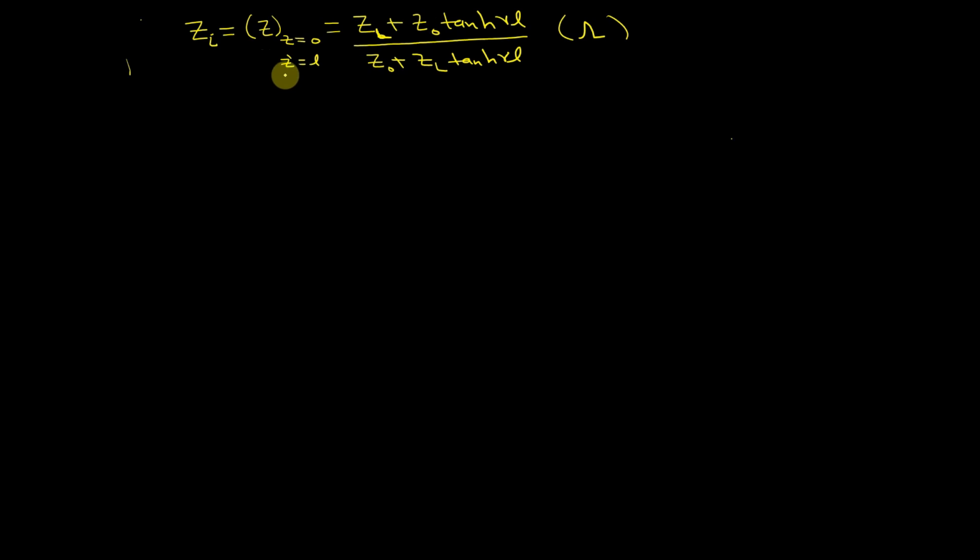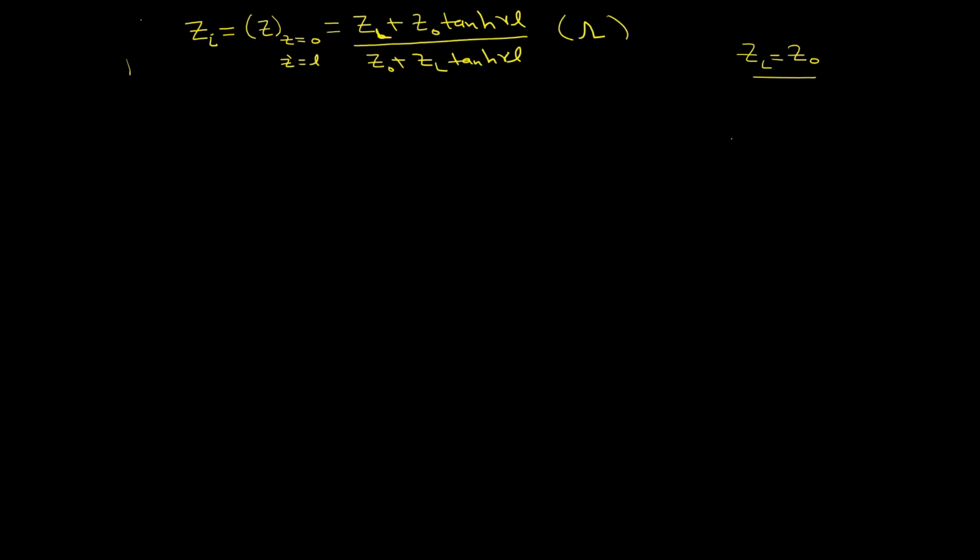Now let us discuss a very important special case for the finite transmission line. Let us assume that this load impedance is equal to the characteristic impedance Z naught. You can say that we have terminated our transmission line with the characteristic impedance of the transmission line.